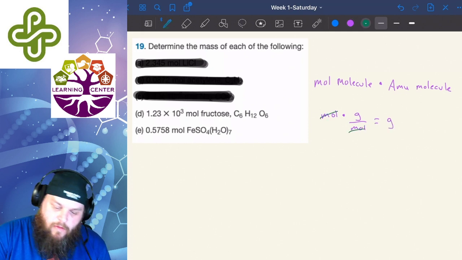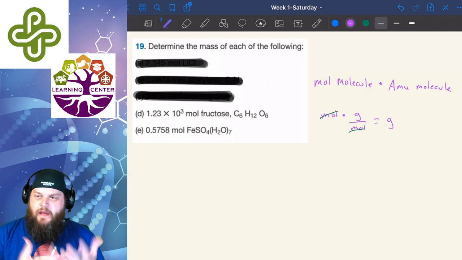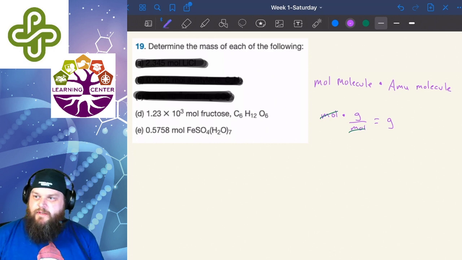Notice the moles cancel out. If you're ever confused about where to go, think about what you have and where you need to go, and try to make the units work by doing some dimensional analysis. You're most likely going to be on the right track. Just make sure you're multiplying the right units with the right units. If you have kilograms to grams, make sure you convert; milligrams to kilograms, make sure you convert, stuff like that.